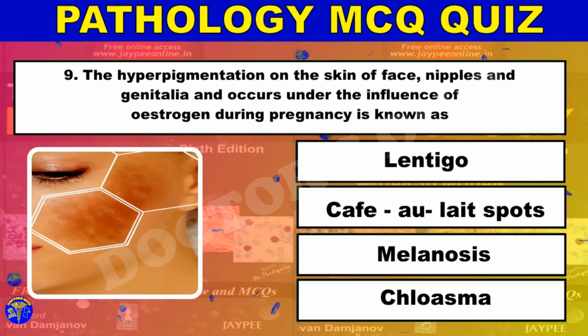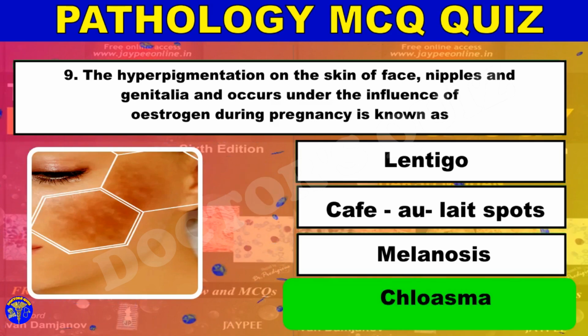The hyperpigmentation on the skin of face, nipples and genitalia, which occurs under the influence of estrogen during pregnancy, is known as? The options are lentigo, cafe-au-lait spots, melanosis and chloasma. The correct answer is chloasma.